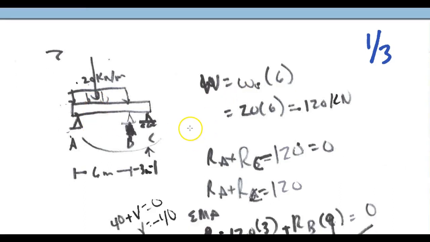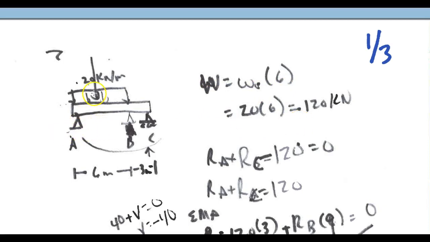So anyway, the first thing we need to do this analysis, as with any analysis like this, is to do a free body diagram. So we first write that since W is consistent, 20 kilonewtons per meter, and it extends for 6 meters, that the equivalent point load W is equal to 20 times 6, or 120 kilonewtons.